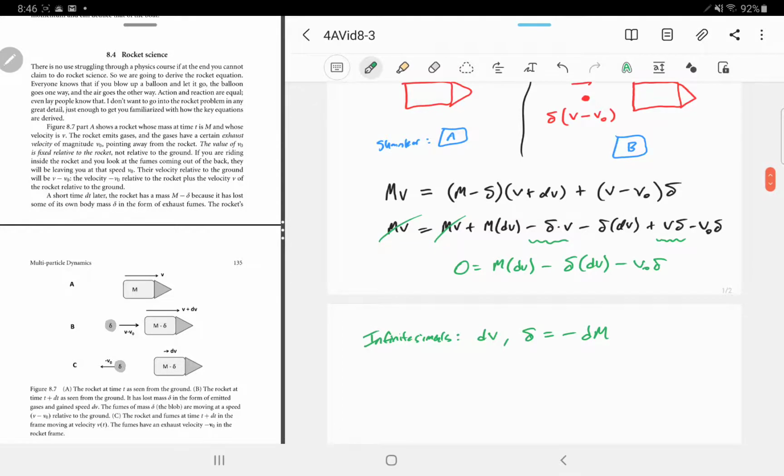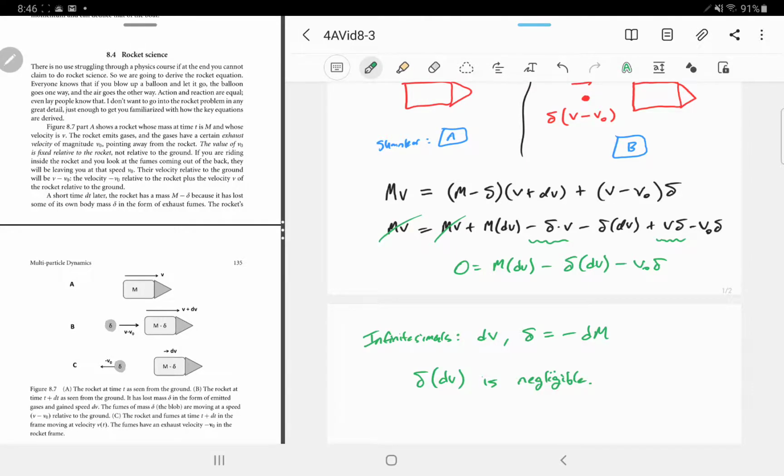But as a result of both of these two things being infinitesimal, that means that delta times dv is negligible compared to the other two terms. This is why we talked about the binomial series a little bit. We want to get you used to terms in the Taylor series expansion and what order you are in the Taylor series expansion.